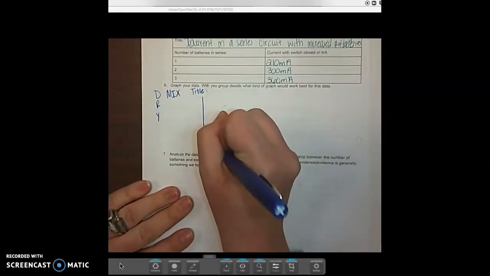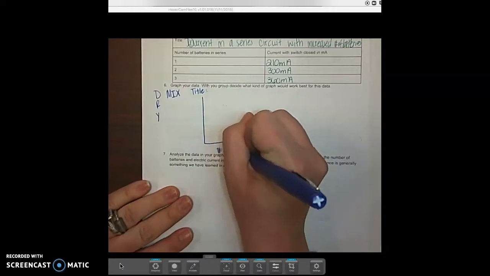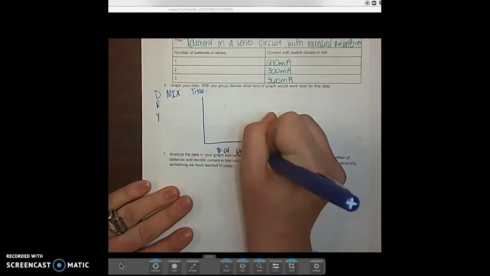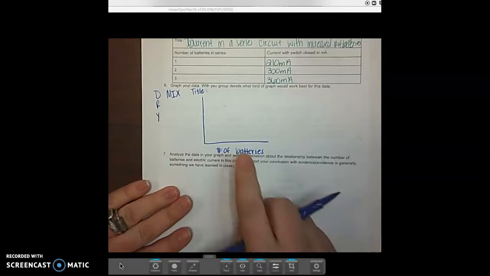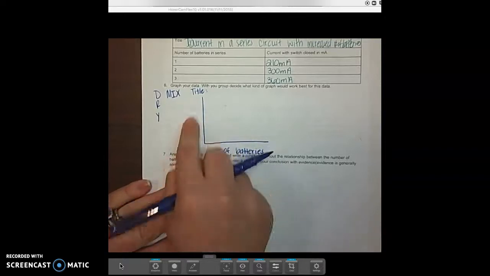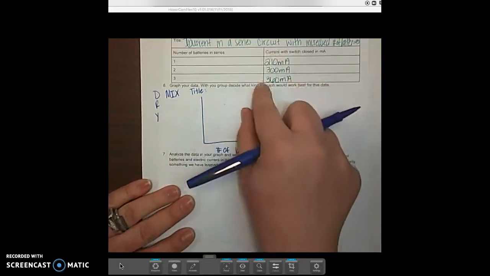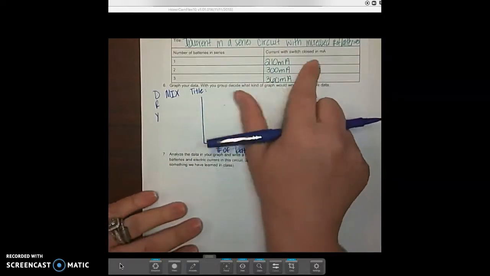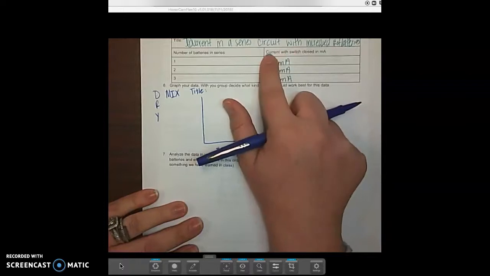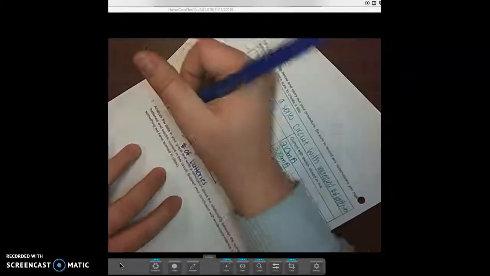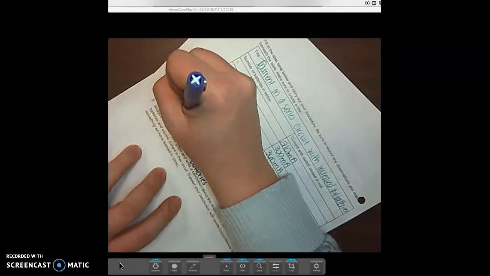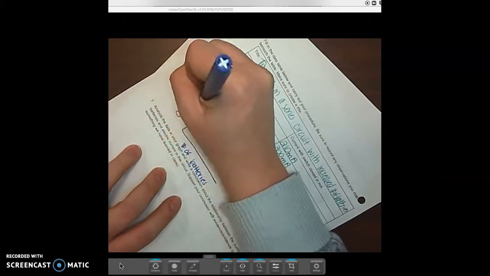So number of batteries is on our x-axis. And our y-axis is what is responding, which is going to be our dependent variable. Remember, that's what we're measuring. So that's our current. And always put your unit, so it's in milliamps.